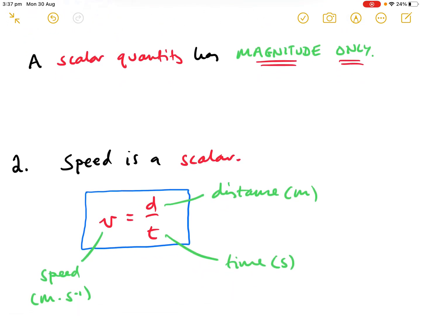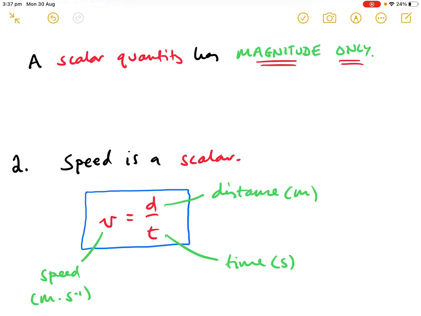So for example, speed is a scalar quantity. It has no direction. And if you were to use an equation to work out a speed, you would use the familiar equation: speed is distance over time, and in symbols v is d over t.